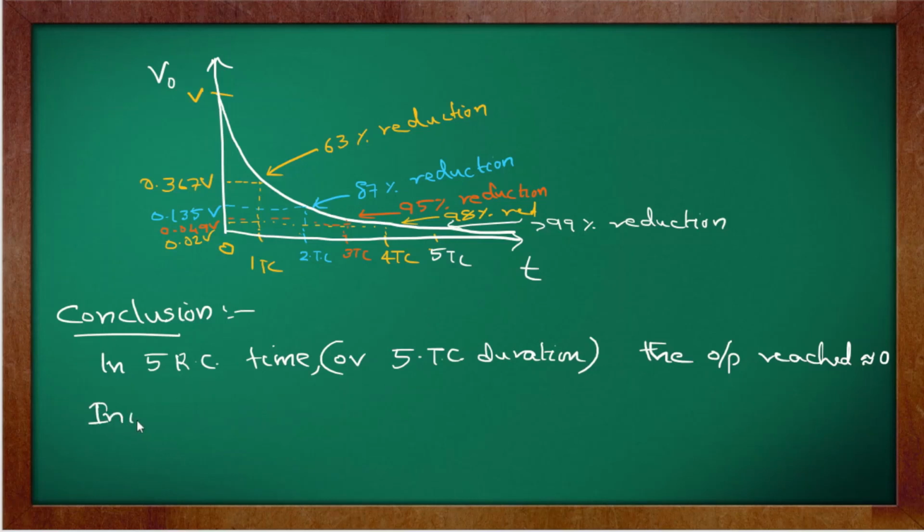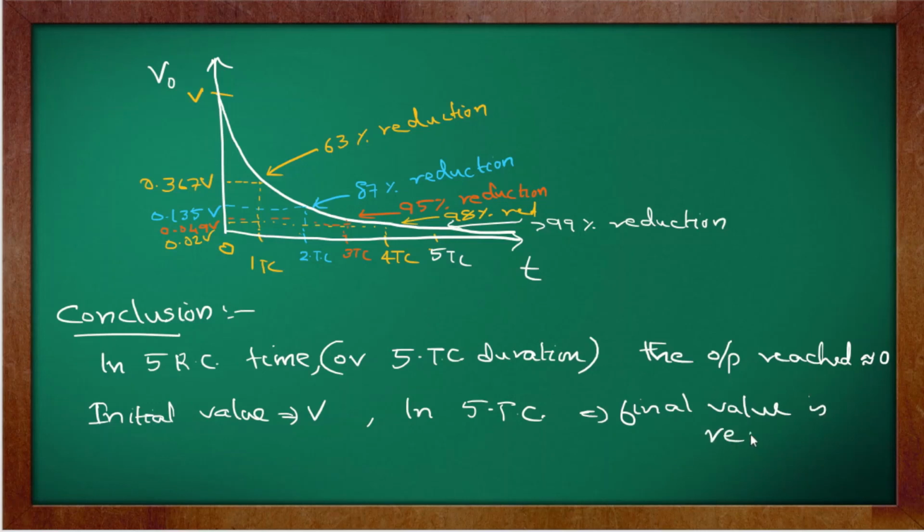The initial value is V. In 5 time constant duration, the final value is reached. Okay, so this is how a high pass filter responds to a step function applied to the input.